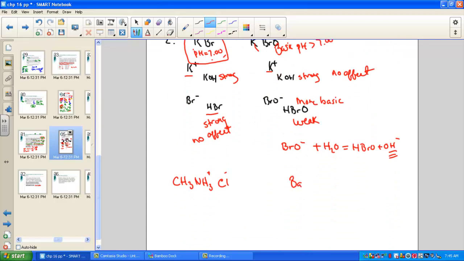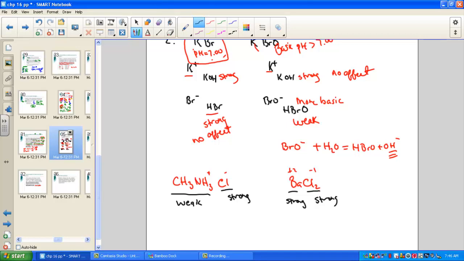Alrighty, so let's go to work. Here the positive methylamine has a weak parent. The parent methylamine is a weak base. Parent here is strong, HCl. Let me emphasize what I'm saying.